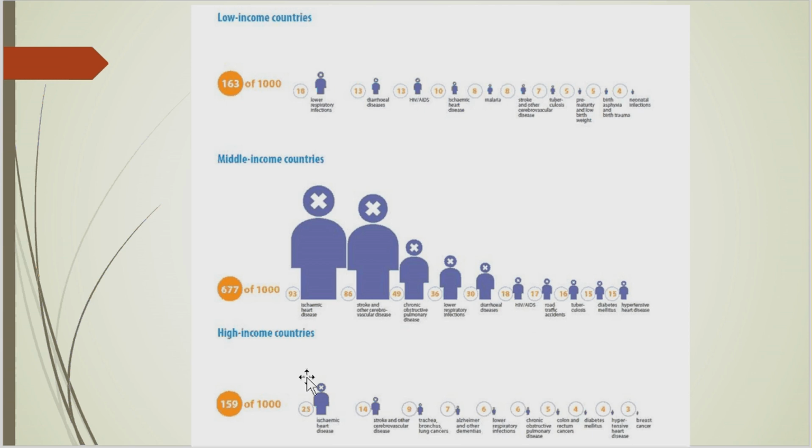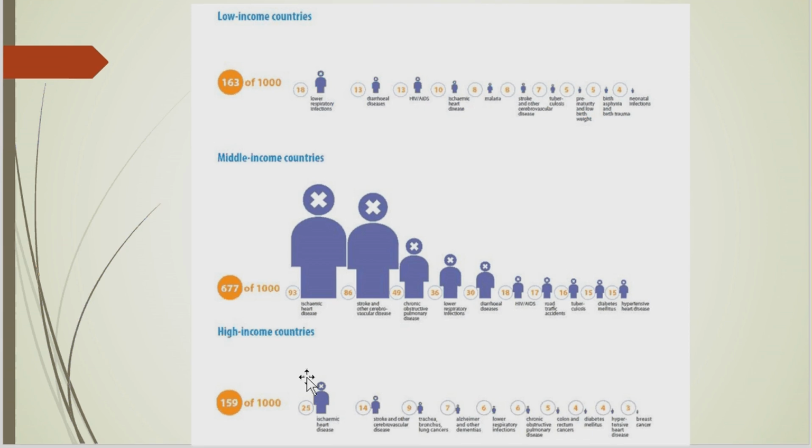Okay? And in high-income countries, we tend to have heart disease as the highest rate, stroke, pretty much the same as the top 2 in middle-income countries, tracheal bronchitis and lung cancers. So cancers here, does that come in?